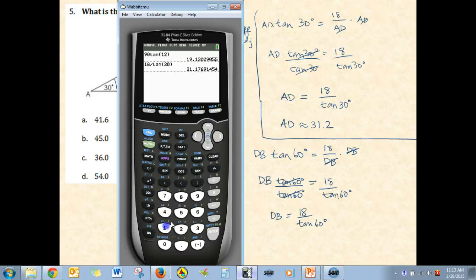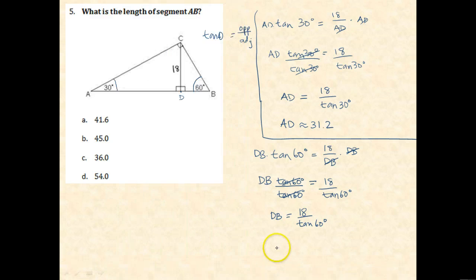So now I'm going to do 18 divided by the tangent of 60. Make sure I'm still in degrees. 10.4. So DB is approximately equal to 10.4.